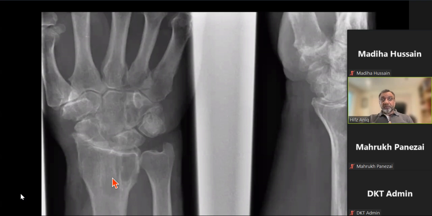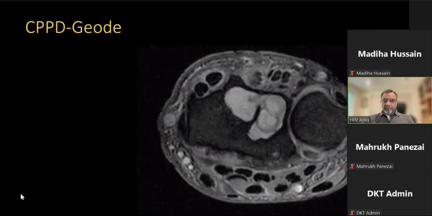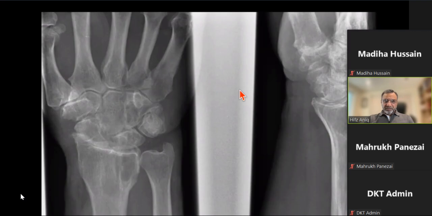You can see cysts in the subchondral space, big, and so they thought it's a tumor. I think it's a giant cell tumor. We saw that it's very, very typical, and we had other signs of radius scaphoid arthritis. So CPPD, because of the subchondral cyst formation.